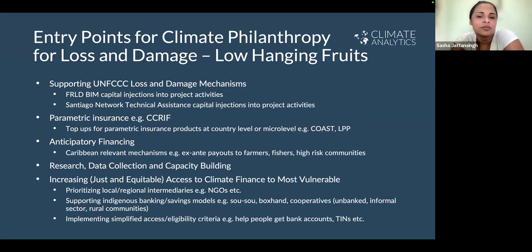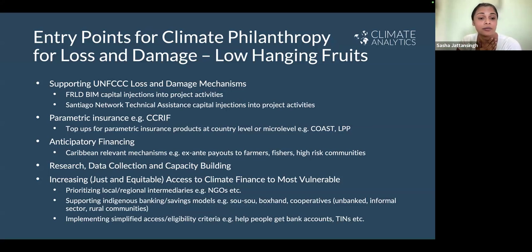So we will be looking at how we can inject philanthropic capital into Santiago Network technical assistance projects in the Caribbean, for example. So far, only Vanuatu in the Pacific has actually applied and started their technical assistance from the Santiago Network. So it's still quite new as well.